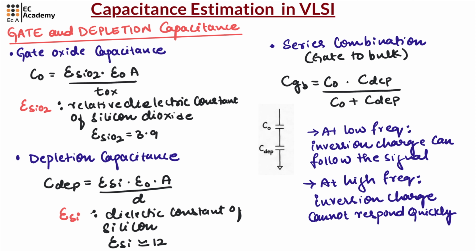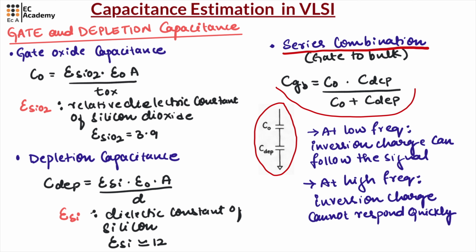Now, the series combination: the oxide capacitance and depletion capacitance are in series. Therefore, the gate to bulk capacitance CGB will be equal to C0 multiplied with C depletion divided by C0 plus C depletion. So, you need to remember, C0 and C depletion are in series.